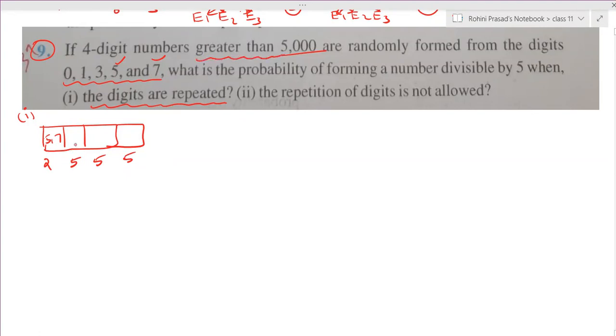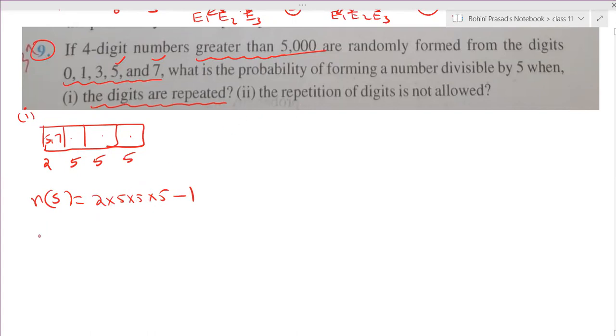Since the repetitions are allowed, we are allowing 0 in this place, this place, this place, and 5 in this place. You'll get 5,000 also. So that's why the n of S in this case is 2 into 5 into 5 into 5 minus that one case where you're taking all 3 zeros. So the 5,000 is also counted; except 5,000, everything will be more than 5,000. So that's why n of S is this.